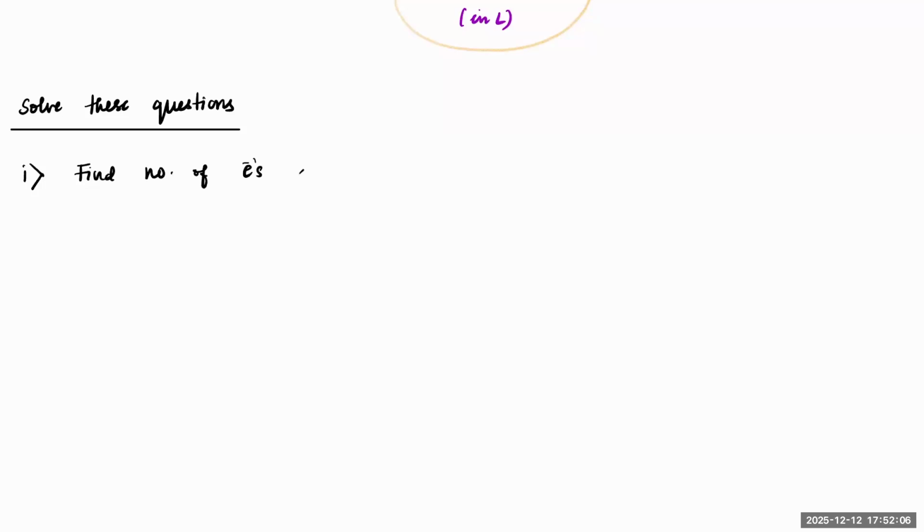Now let's see how the questions typically are framed. First one: find the number of electrons in the following. A, 32 AMU of CH4.